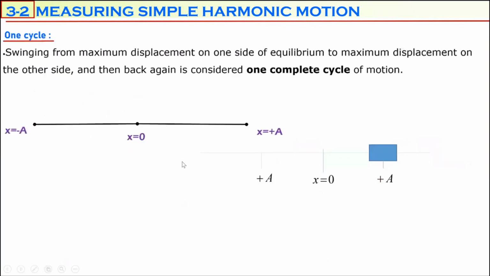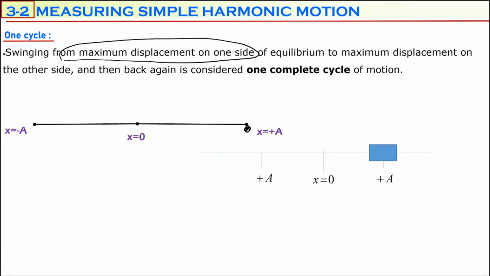Next we will define what one cycle is. Cycle, circle. They come from the same root. Swinging from maximum displacement on one side of the equilibrium to maximum displacement on the other side and then back again is considered to be one complete cycle. The definition clearly explains what one cycle is. For example, initially I am here.